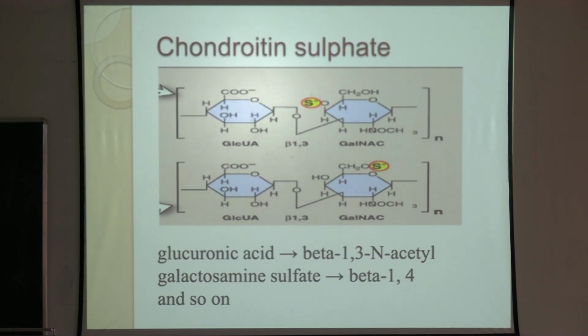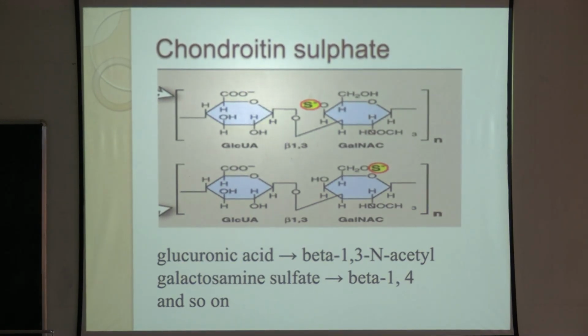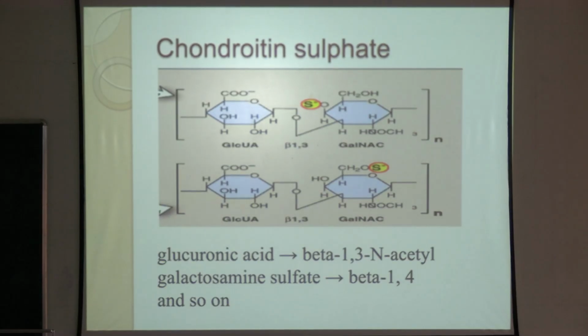So alternate bonds of beta 1,3 and beta 1,4. This is glucuronic acid with N-acetyl galactosamine. So chondroitin sulfate contains repeating units of glucuronic acid, beta 1,3 bond with N-acetyl galactosamine, and the sulfur group can be present in 4 or 6. So this is chondroitin sulfate.